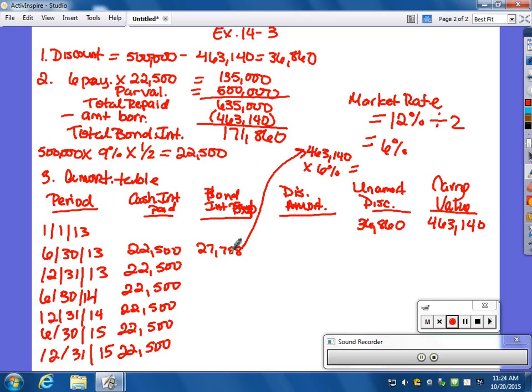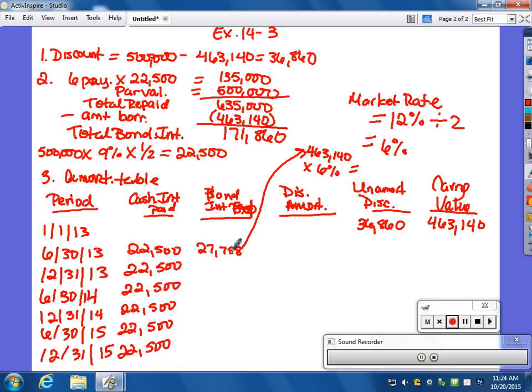So the discount amount is going to be bond interest minus what? The 22,500, the cash interest paid. So take your bond interest amount of 27,788, subtract out 22,500.